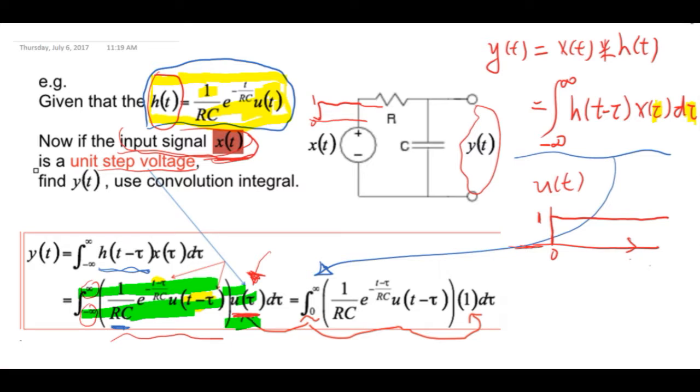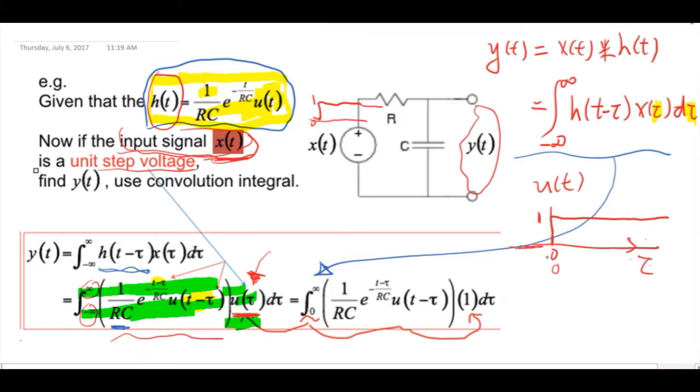So this is going to be u(tau), which only has value when tau is greater than or equal to 0. Anything where tau is less than 0, like minus 1 or minus 2, is going to be 0.